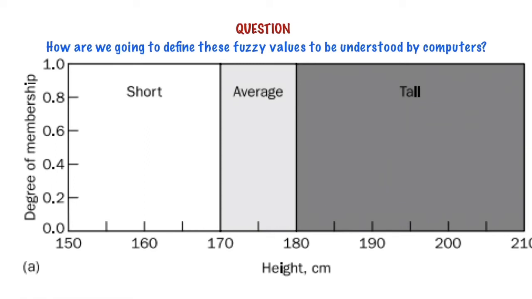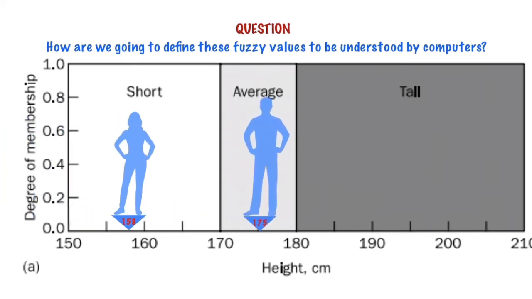In this graph, we can see the height is defined in centimeters from 150 to 210, and we have the degree of membership from 0 to 1. This is a normal set, not a fuzzy set. In a crisp set, we have three sets: short, average, and tall. So someone with 158 centimeters will be considered a short person. Someone with 175 centimeters height is an average person. 184 is a tall person.